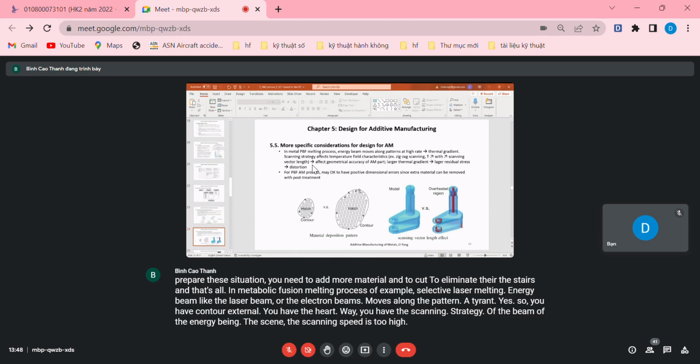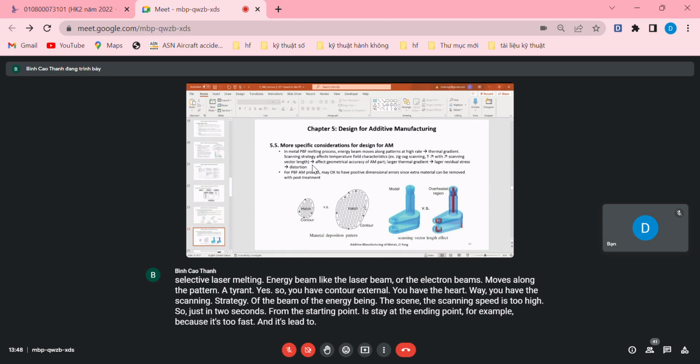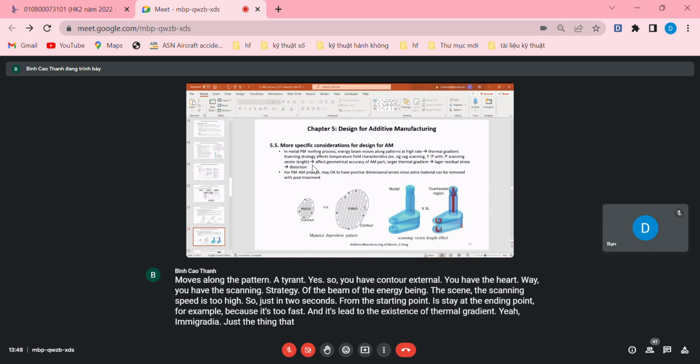Let's say the scanning speed is too high, so in just 2 seconds it goes from the starting point to the ending point, for example, because it's too fast. And this leads to the existence of thermal gradient. This is the thing that promotes the stress accumulation.